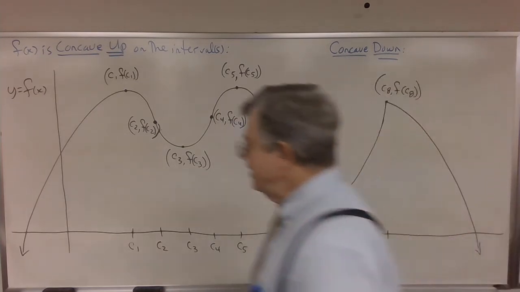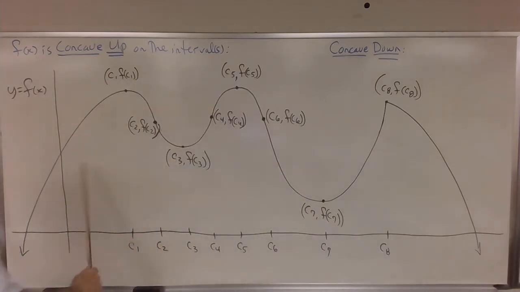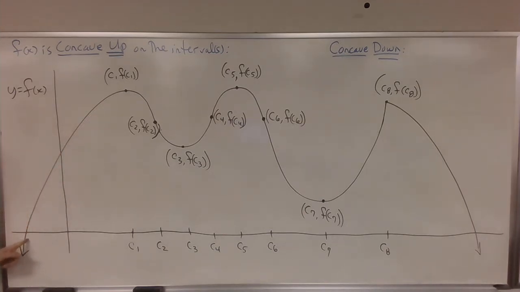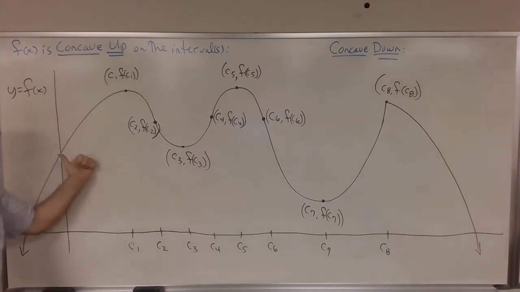Now, judging from the way this graph looks, I can see the graph's concave down here. It doesn't hold water. And apparently, this is the way the graph continues. The graph goes down to negative infinity, and it continues to be concave down as we go to the left. So here the graph is concave down.